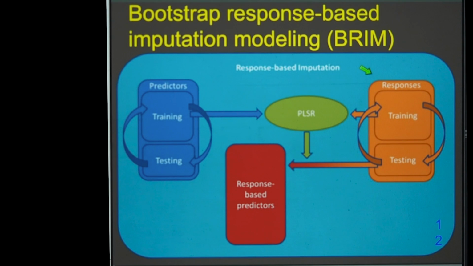Peter and I also developed a new response modeling method that we call bootstrap response-based imputation modeling. It's actually pretty cool. We force an imputation. So we leave out each person in turn and use the rest of the people as the training set.